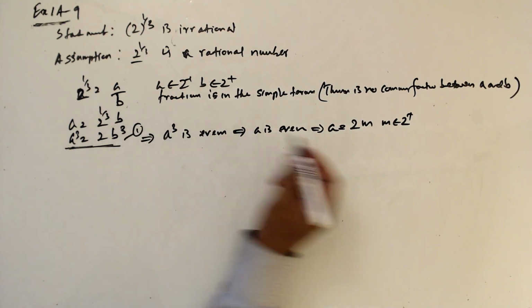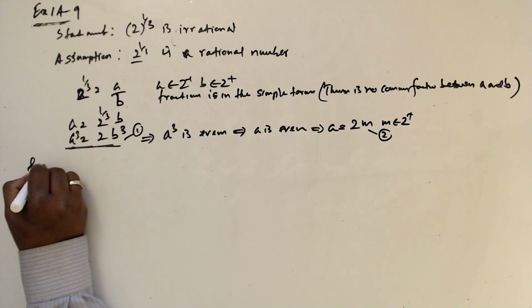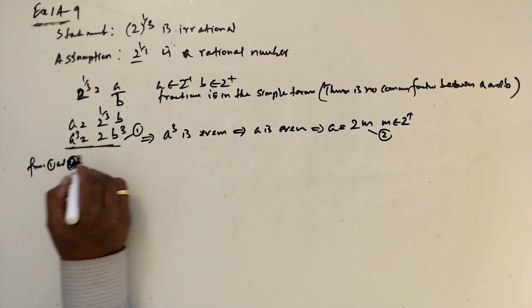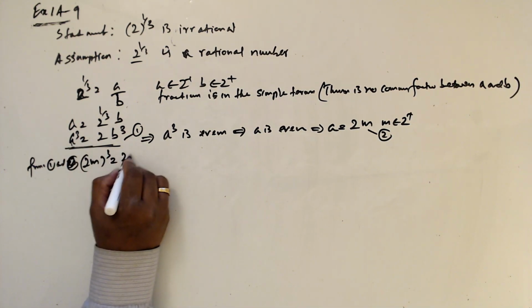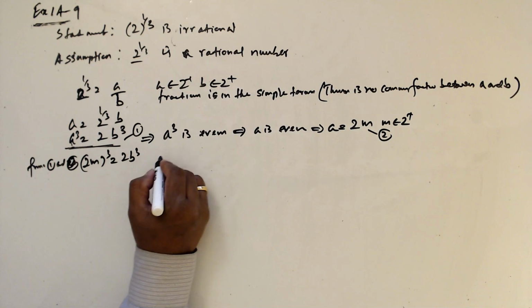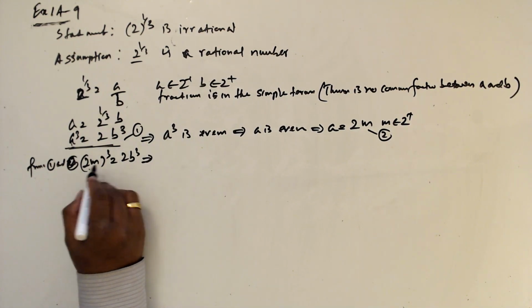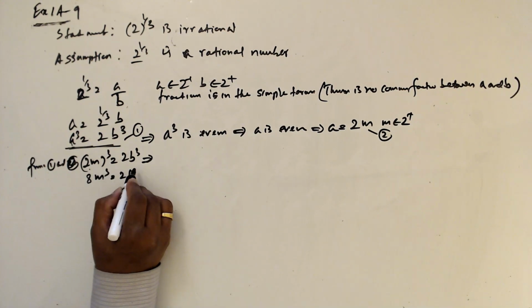I'll take this as 1 and this as 2. Now from 1 and 2, I'll substitute this one. Instead of A, in A cube equal to 2B cube, so this is going to be 8M cube equal to 2B cube.